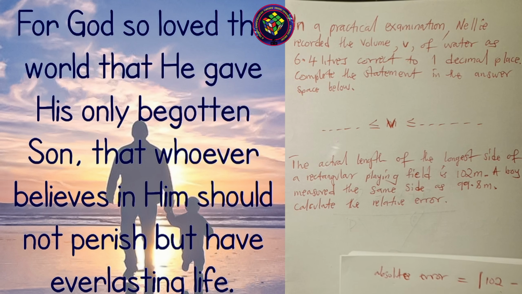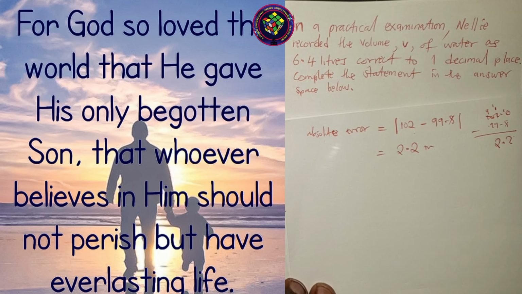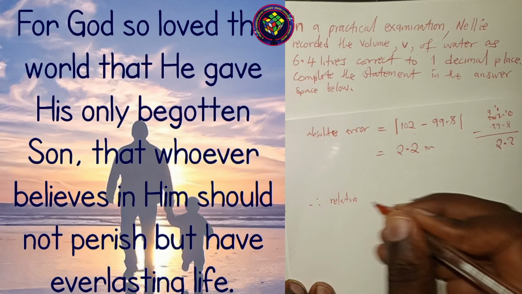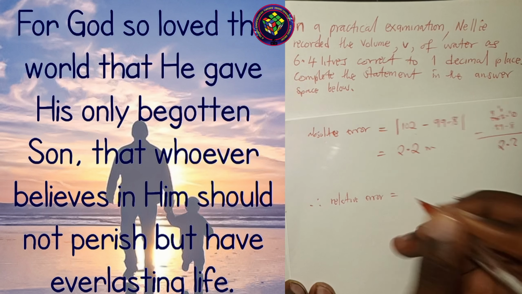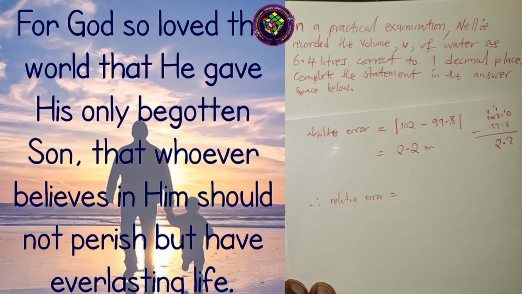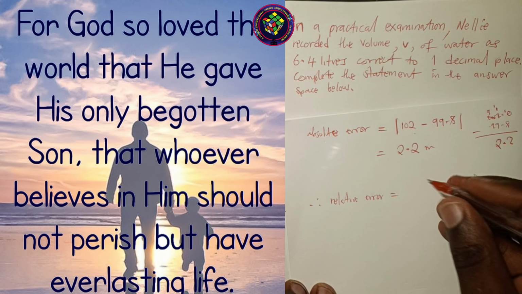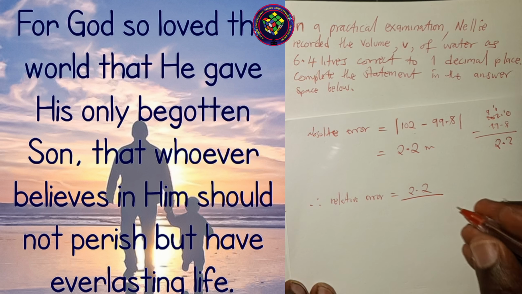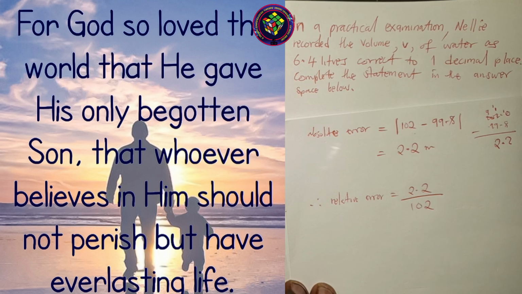Now we are solving for relative error. We know that relative error is equal to absolute error divided by the true value. So we have the absolute error of 2.2 over the true value, 102. Okay, so we need to simplify that fraction. We have a decimal number in the numerator there.